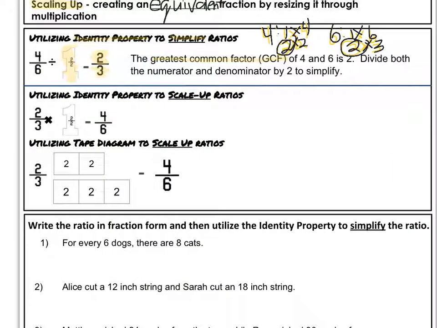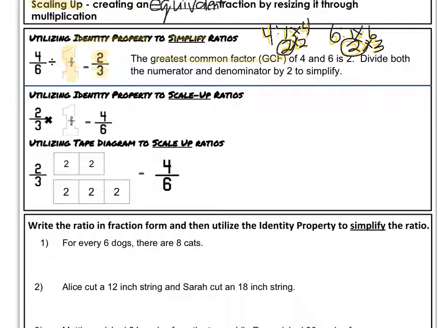Okay, now we are going to scale up ratios by utilizing the identity property. Likewise, we're going to create an equivalent ratio by multiplying the numerator and denominator by the same value. Scaling up involves multiplying the numerator and denominator by the same value.